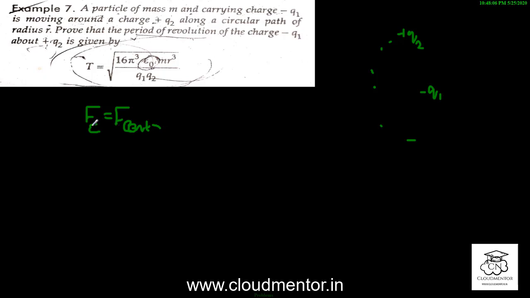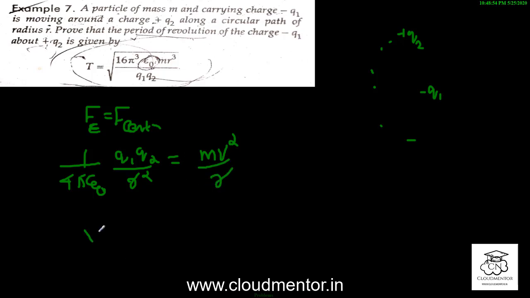The electrostatic force between them, that is q2 and q1, is an attractive force, and that must equate with the centripetal force. So we can write 1 by 4 pi epsilon 0 q1 q2 divided by r square equal to the centripetal force, m v square by r.